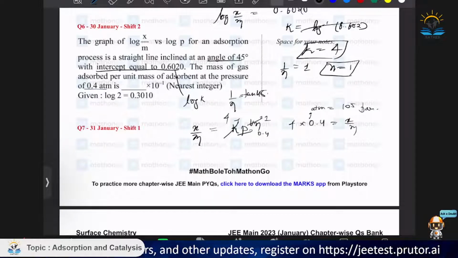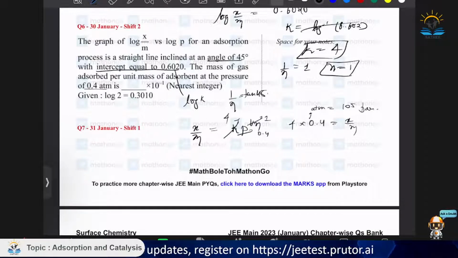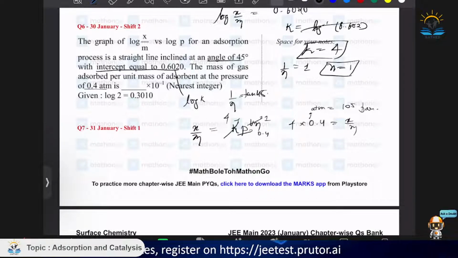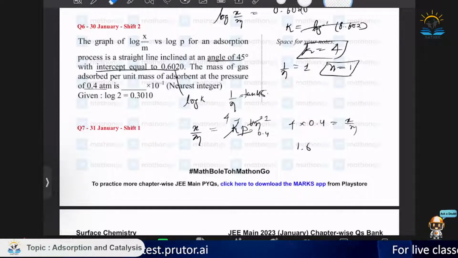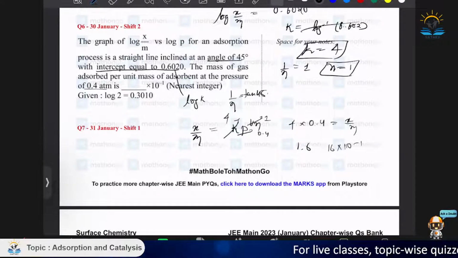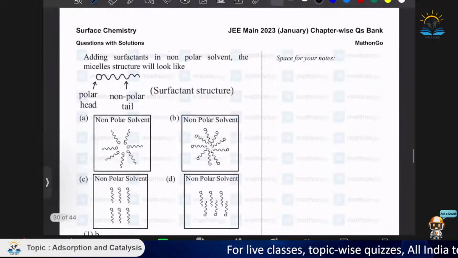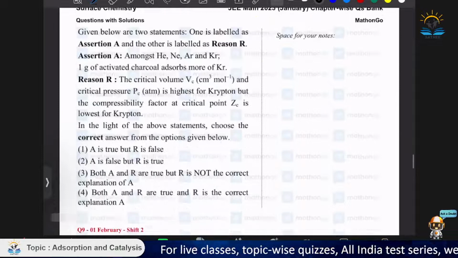So this comes as 1.6 something, which is equal to 16 into 10 to the power minus 1. So this is 16. Now adding surfactants and non-polar solvents, this is colloids.